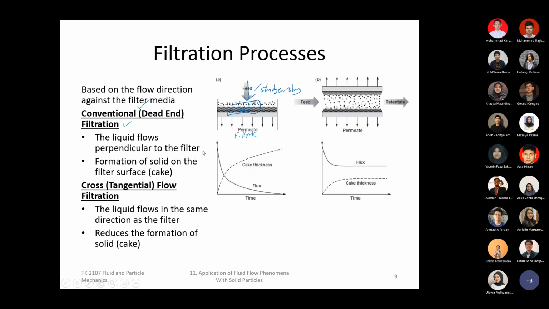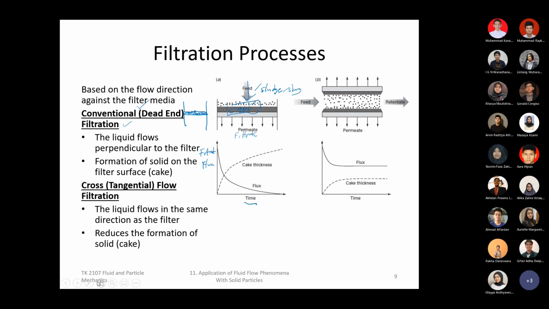If you look at the profile of time versus the flux, that's the flux of the filtrate. It's actually not stable, because you can see that in the beginning of the process, let me redraw the line, that's what we have.